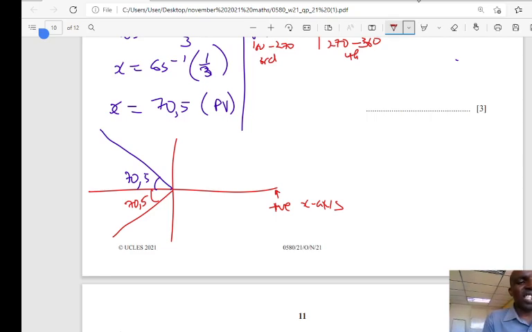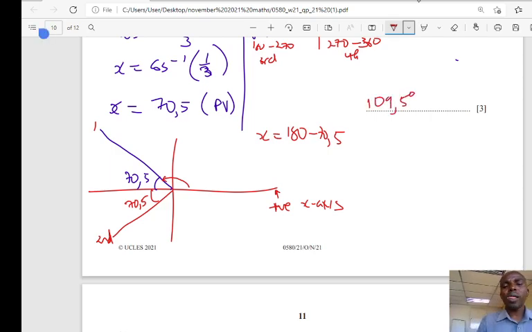For the first line, x is equal to 180 minus 70.5, which is 109.5.